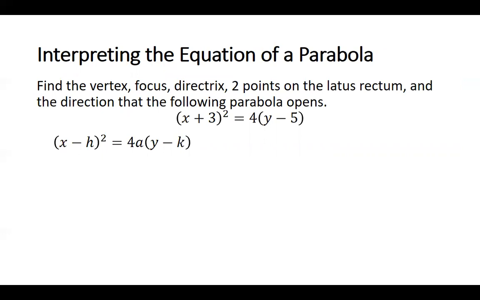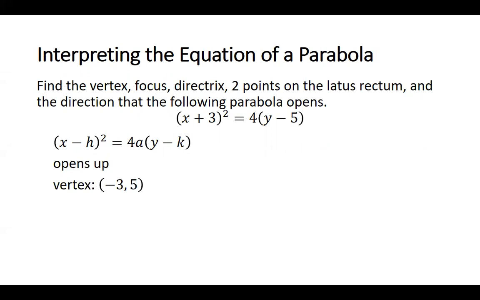So since we're in that form, it does open up. The vertex can be found simply by using the x minus h and the y minus k. I've got x plus 3, so it must be x minus negative 3. Be careful about your negatives and positives on those. And I've got y minus 5, so k must be 5. So our vertex is at negative 3, 5.